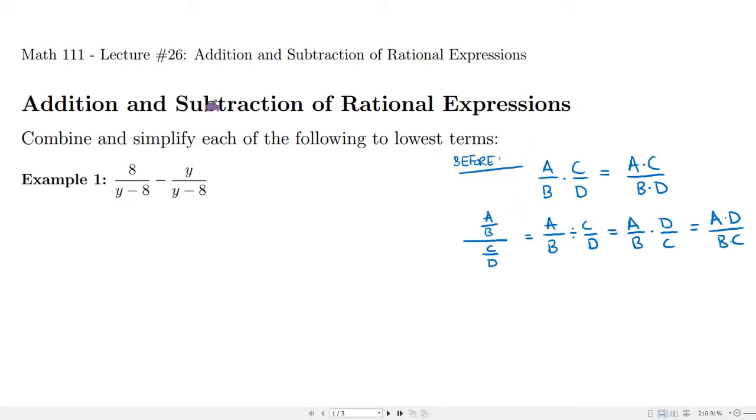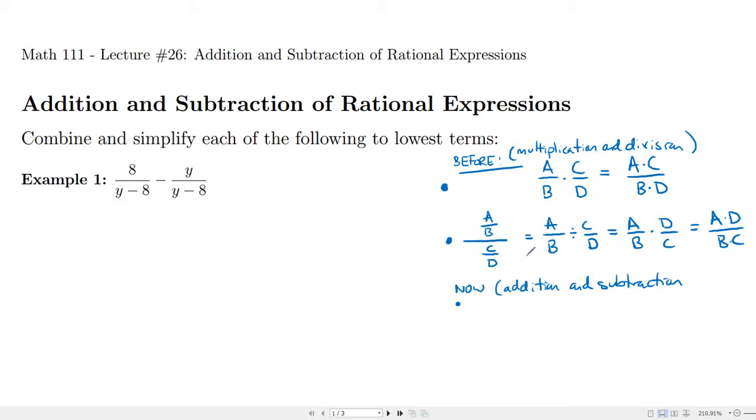But now we're dealing with addition and subtraction, so we have to be a little bit more careful. That was multiplication and division. Now, addition and subtraction.